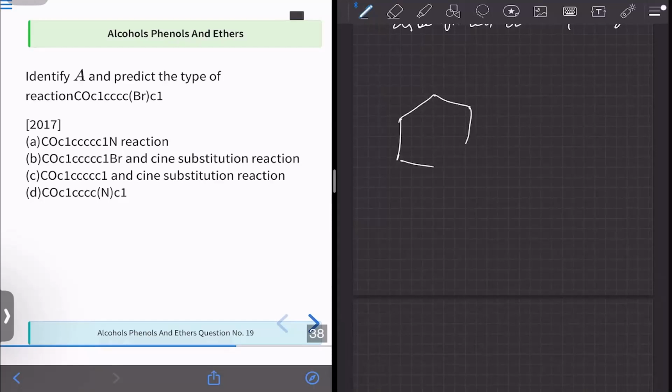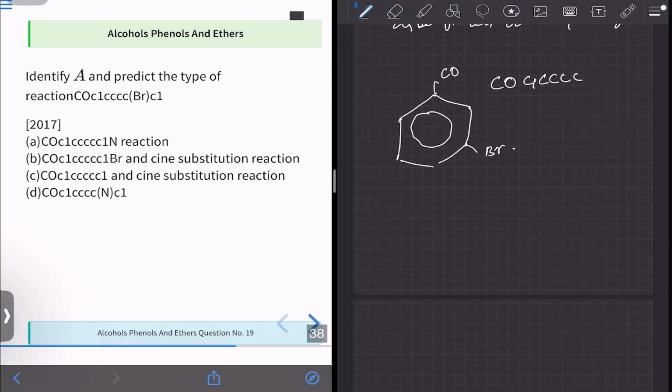The given compound has six carbons, C1, C2, C3, C4, and at the fourth position we have bromine. At the first position we have OCH3, and at the fourth position we have bromine. This is an aryne substitution reaction.